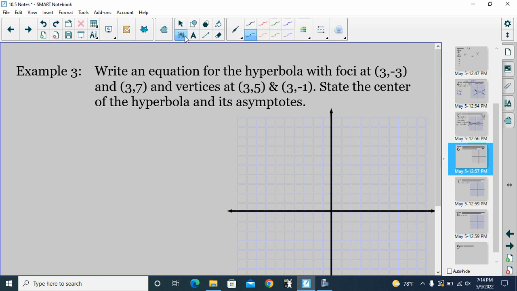So we need a focus at 3, -3. Another one at 3, 7. We have vertices at 3, -1 and 3, 5.